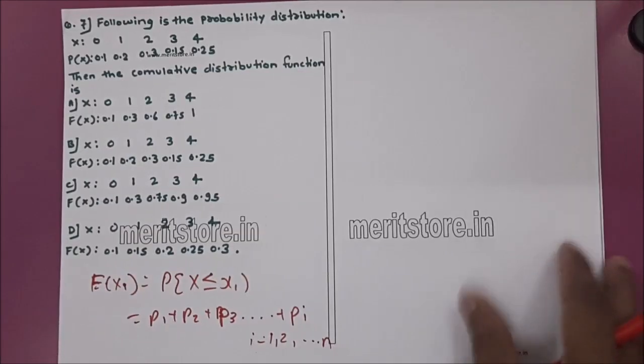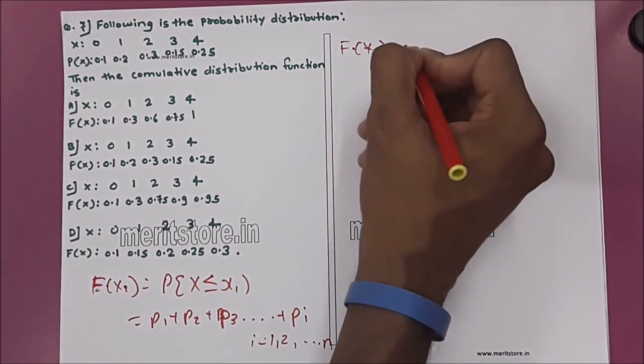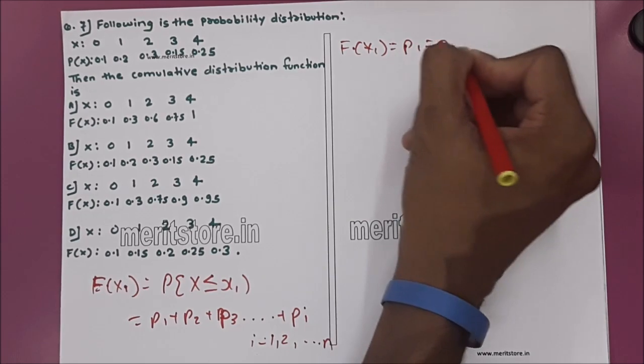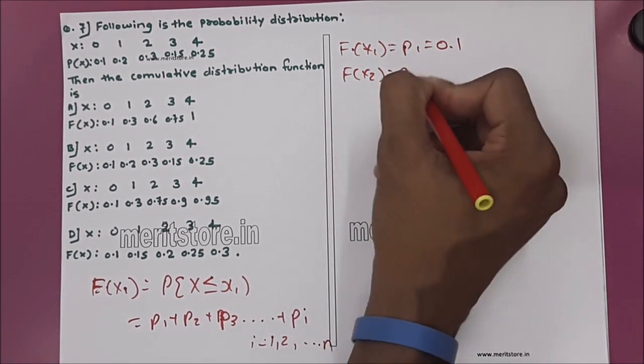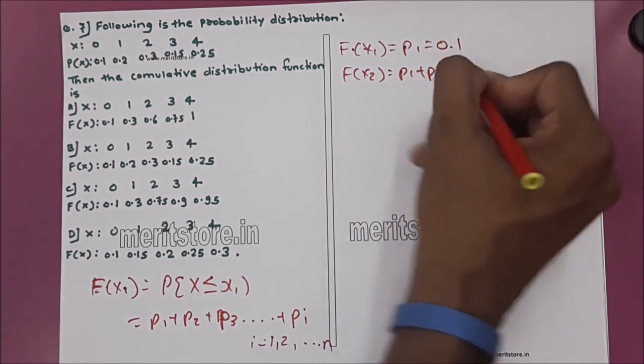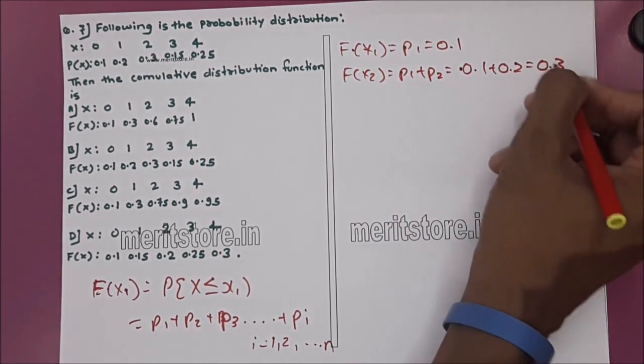So we can solve with the function, F(x1) first, that is equal to p1, 0.1. F(x2) is equal to p1 + p2, 0.1 + 0.2 is equal to 0.3.